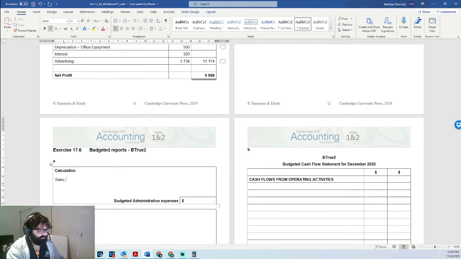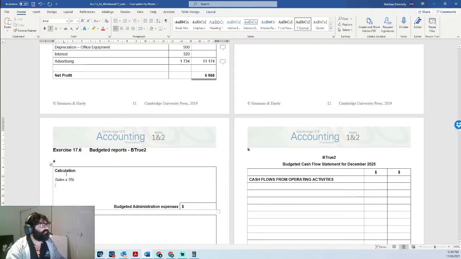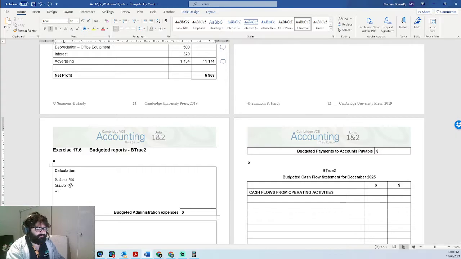So sales times 5%, and the sales were 5,000 multiplied by 0.05. That's going to give us 250.